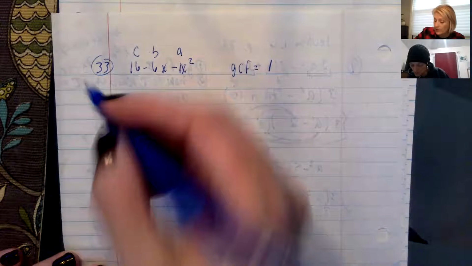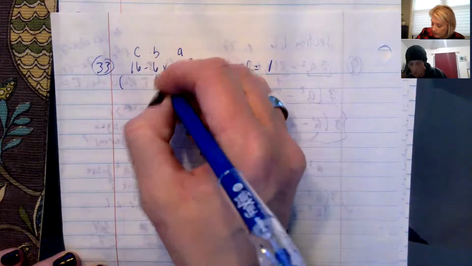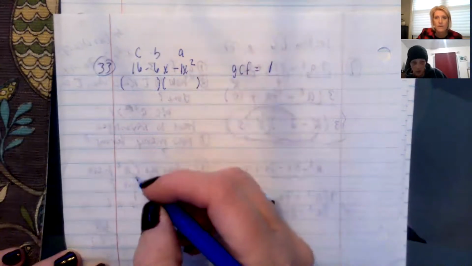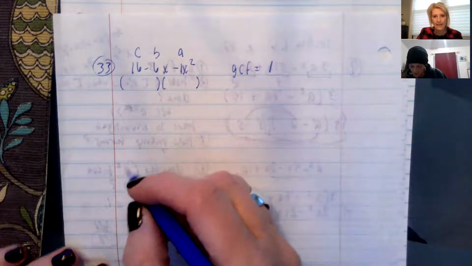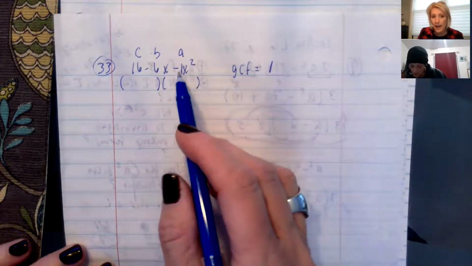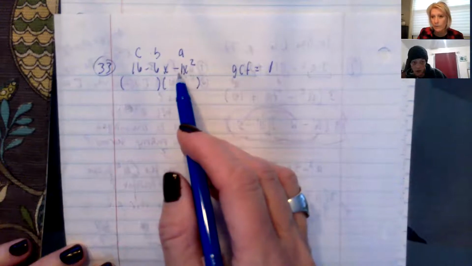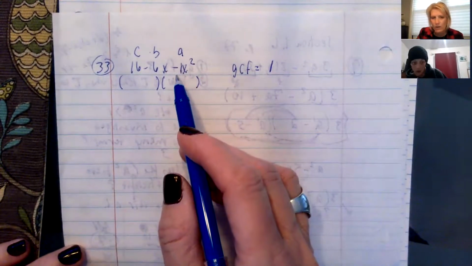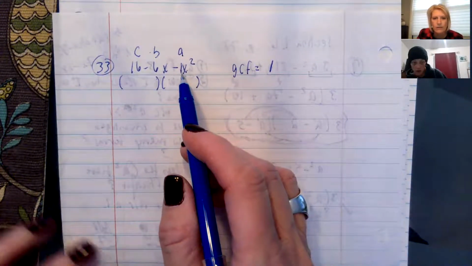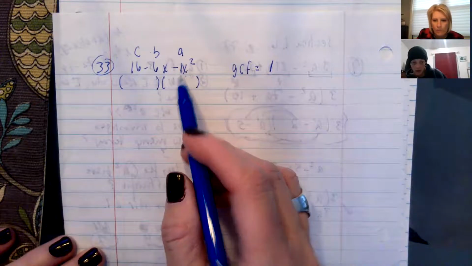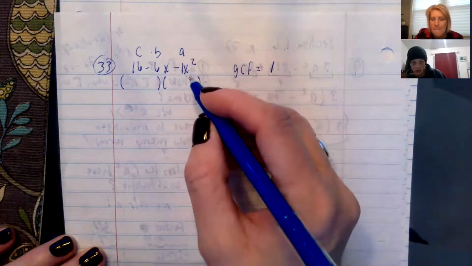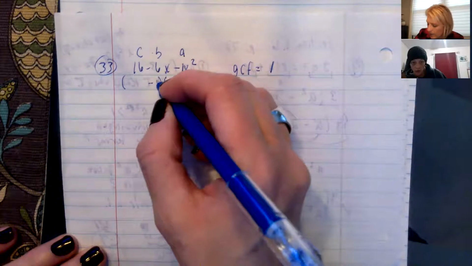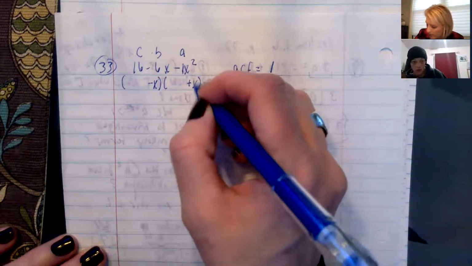So we're envisioning the binomials like you mentioned before in the last one. And now instead of making a positive x squared like last time, we have to make a negative x squared. So what do we know has to be true then? That it has to equal -1. So it would have to be a negative x and a positive x, right?